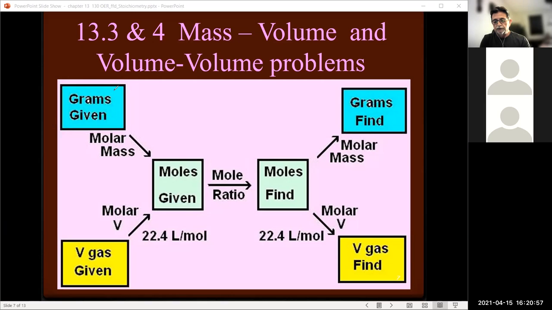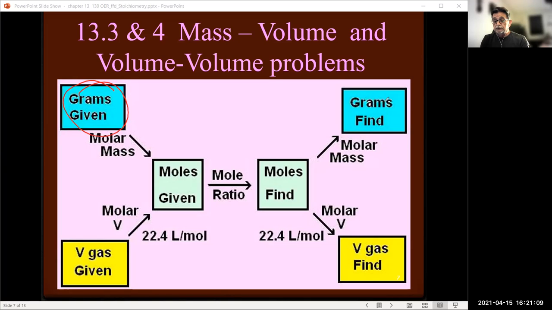Okay, so if you're given grams, that is what the problem is giving you, grams of something, and you need to determine the grams of something else. That's what we're talking about here. And so you got to go through this system right here. And it's all through moles.